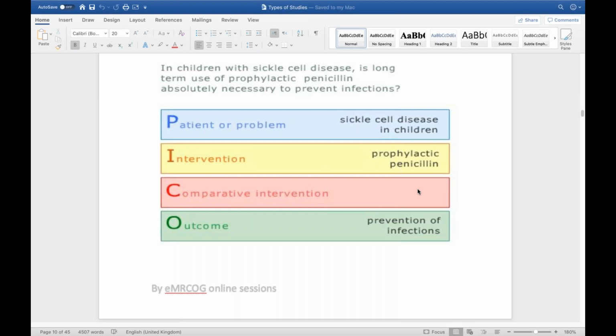So blinding is not always possible, but it is preferable, and it's very good to minimize bias.